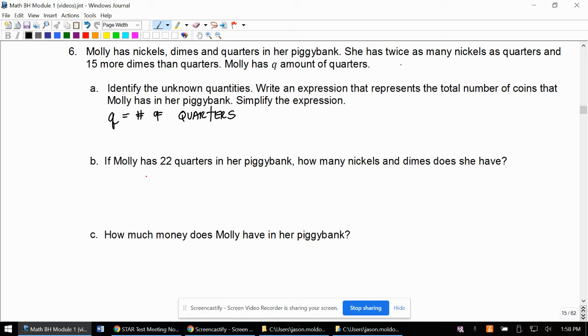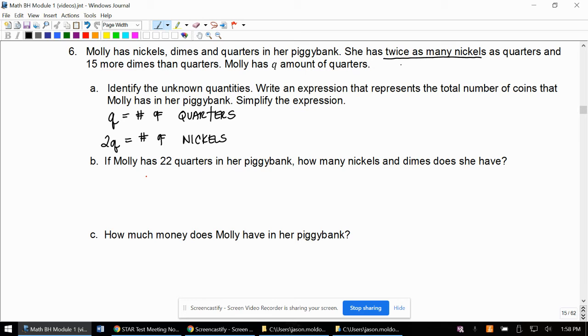She has twice as many nickels as quarters. It sounds like there are more nickels, which would mean that I need to double the quarters to make them equal. I need to double the one that there's less of to make these equal.